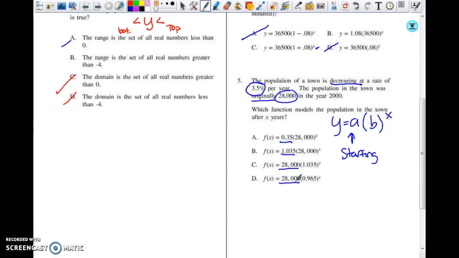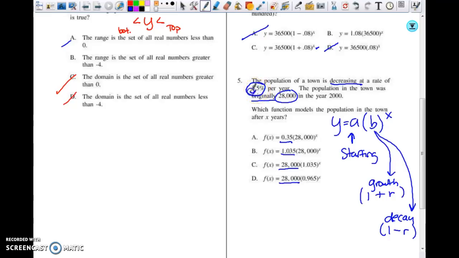And then the b tells us if we're growing, right? So if you're growth, you do 1 plus the rate. And if you are decay, I'll do it down here, you do 1 minus the rate. So remember, this rate needs to be turned into a decimal. That's 3.5%.